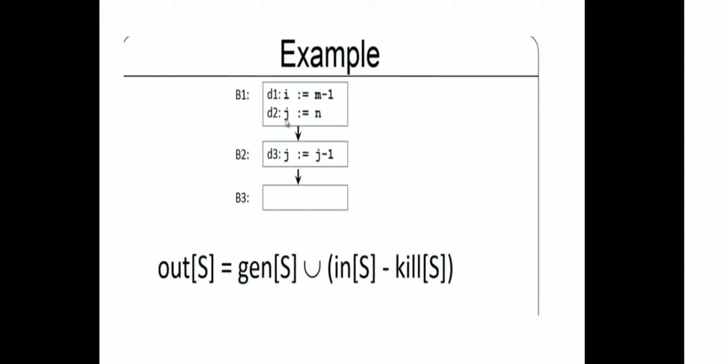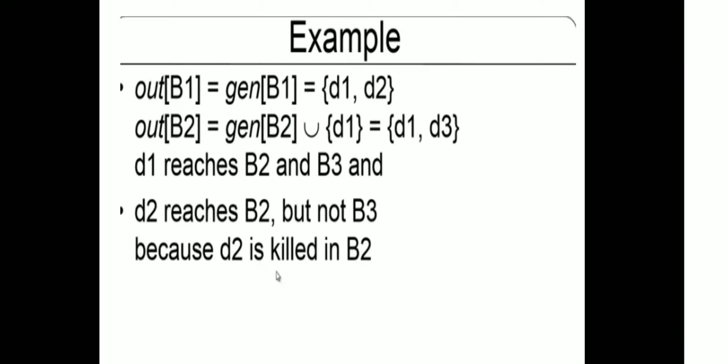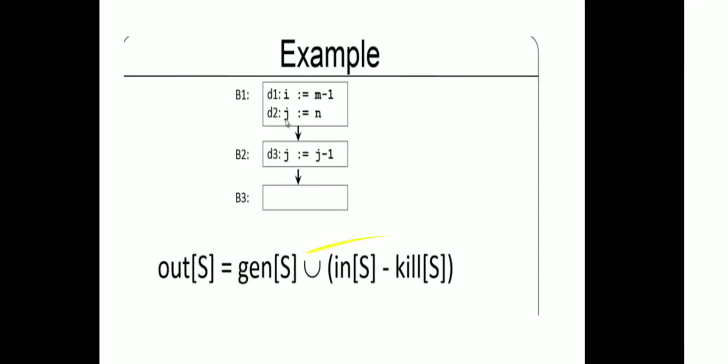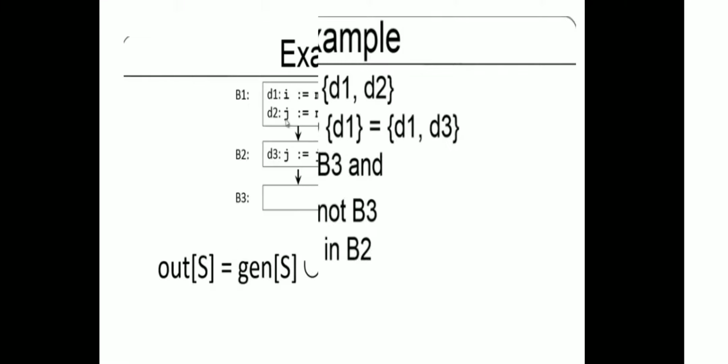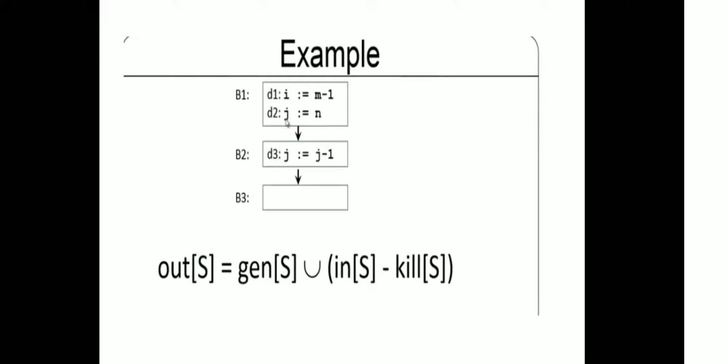Here we are going to compute each term for each basic block, starting with out of B1. Which definitions go out of basic block B1? Gen of B1: it generates the definitions D1 and D2.